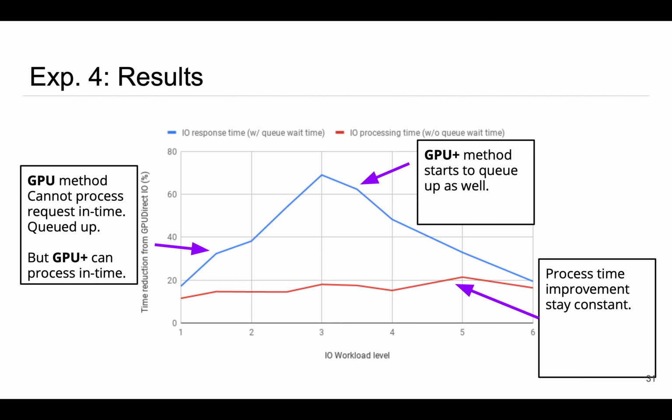As we can see in the plot, when the workload level is around 3, even the GPU Plus approach cannot deal with the request in time before the next request comes and starts to queue up, mitigating the benefits it brings. As we further increase the workload, the wait time will dominate the response time, further reducing the I/O response time reduction. Our approach can not only reduce I/O time for a request, but can also achieve higher performance improvements for the overall system.